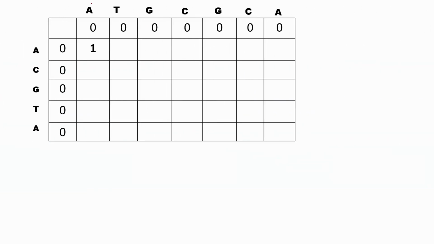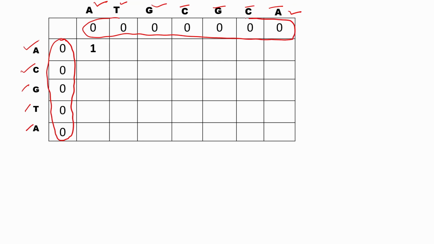So herein we have taken two stretches of nucleotides. This stretch of nucleotides reads as A, T, G, C, G, C and A. This stretch is placed horizontally above the matrix, and the other stretch of nucleotides is placed vertically downwards, and it reads as A, C, G, T and A. So the very first stretch of boxes here is taken as 0, unlike the Needleman-Wunsch algorithm where the first line of boxes, both horizontally and vertically, were filled with negative values.